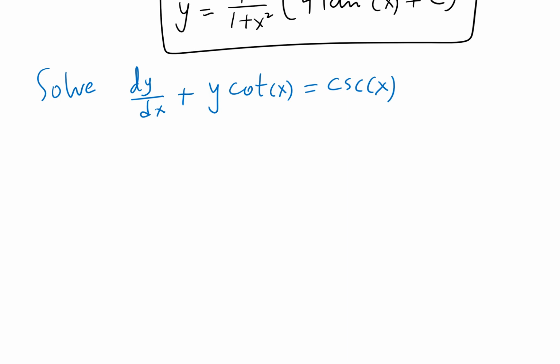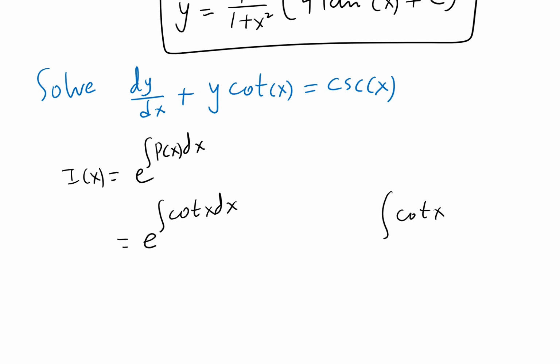The integrating factor, this is written in standard form. I of x is e to the integral of p of x dx. P of x is cotangent x. And it shouldn't be difficult to integrate cotangent x by rewriting this as cosine x over sine x.